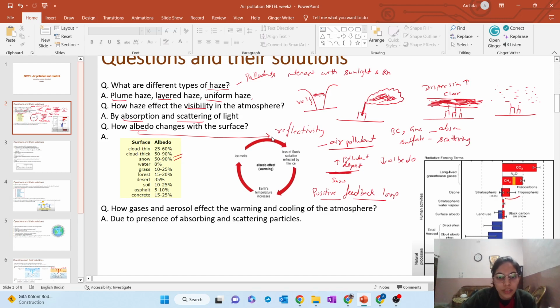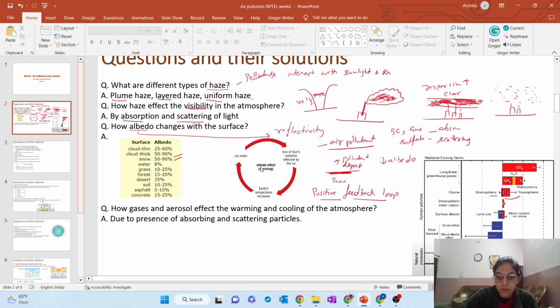An increasing thing leads to increasing increment, and a decreasing thing leads to a decrement. In the same sense, the more the pollutant deposits, the more the albedo decreases. As the albedo decreases, the snow starts melting. As the snow starts melting, the sea level will rise, and hence this cycle continues.